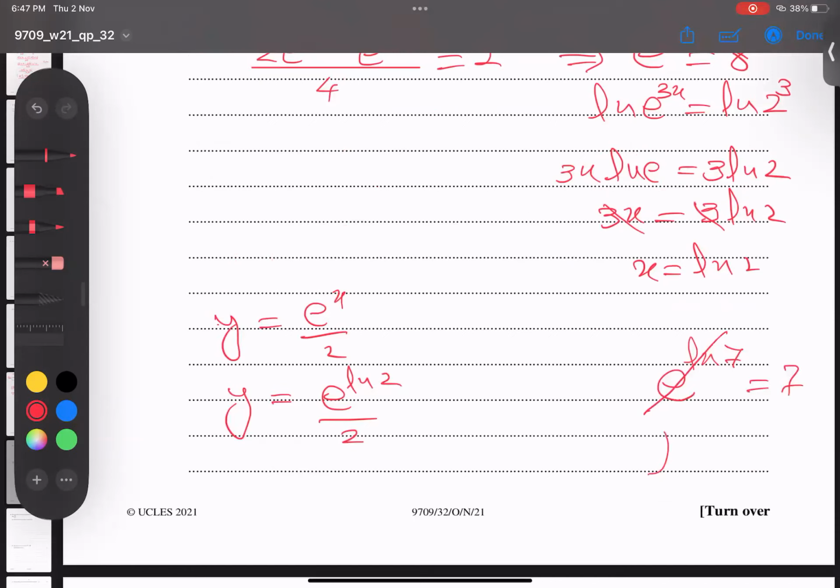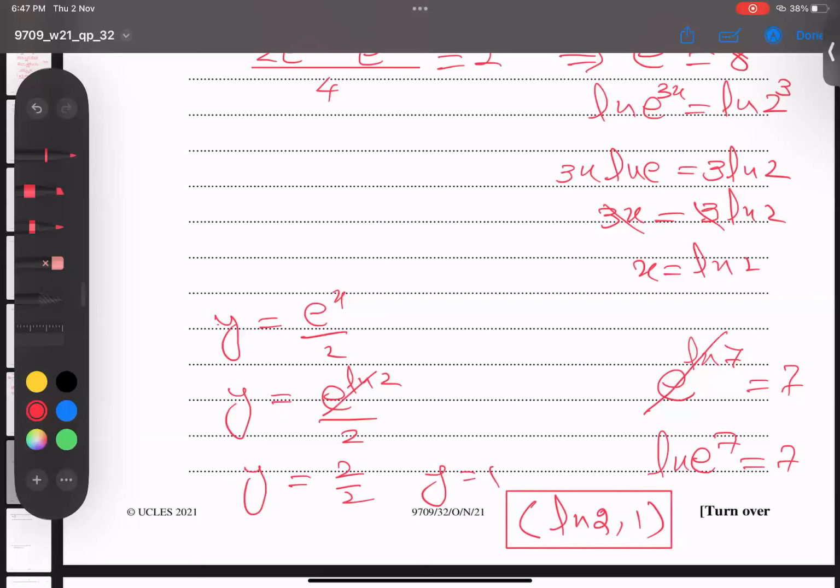And one more idea, ln e to power 7, in this option this will cancel out, I get 7. So this will cancel, I get 2 from here. And ultimately I get 2 by 2, and ultimately y becomes 1. So the answer becomes ln 2, comma 1. This is my final answer, and I hope the point is very clear.